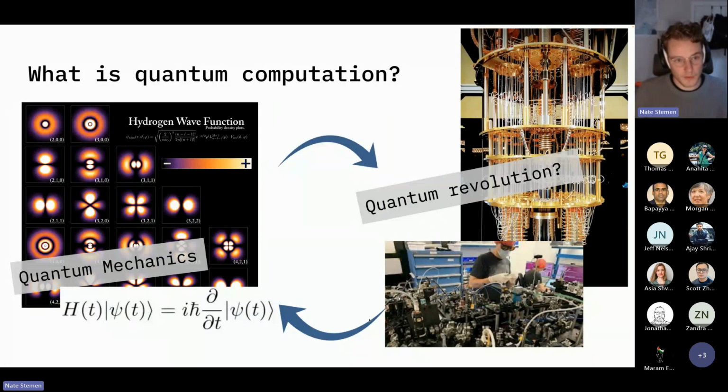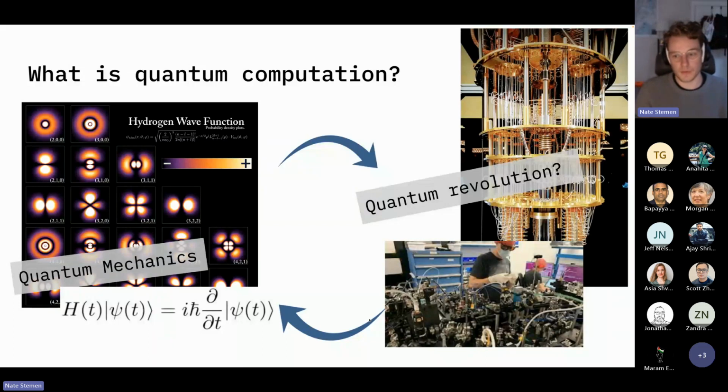And so now we've had an understanding of at least some of the basics of quantum mechanics for over 100 years now. And like I said, quantum mechanics is the physical theory of things that are very small. So the example that I put up here is describing hydrogen, how the electrons are moving or are existing around the nucleus.